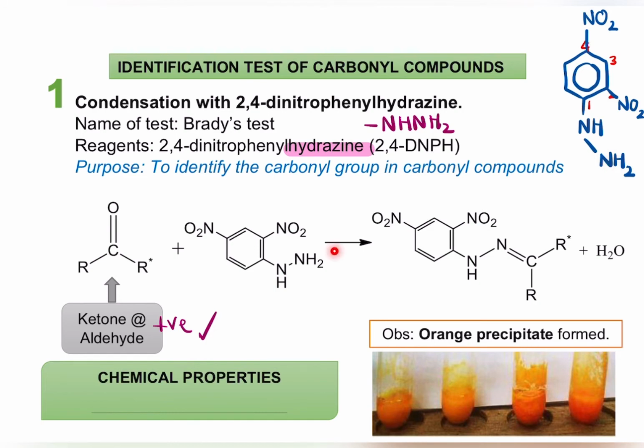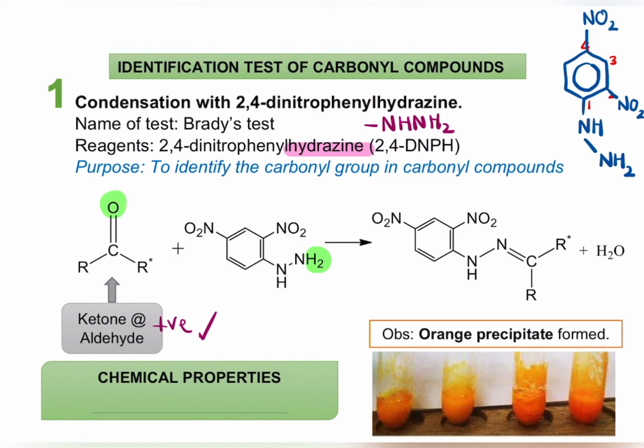And what's next? You will form the final product where, in the condensation, you are going to condense the water. So it means that the water is going to be taken out. First is oxygen from the carbonyl group, this oxygen. And the second one, you are going to take out H2 from hydrazine.